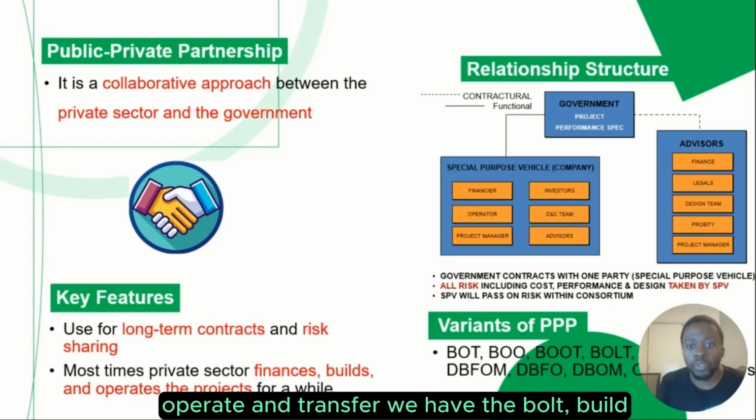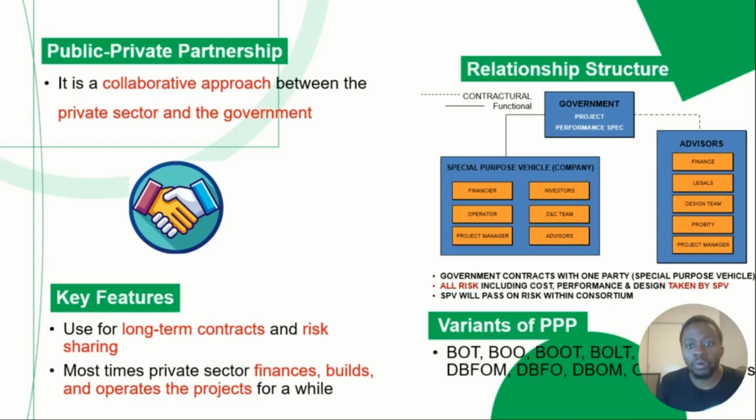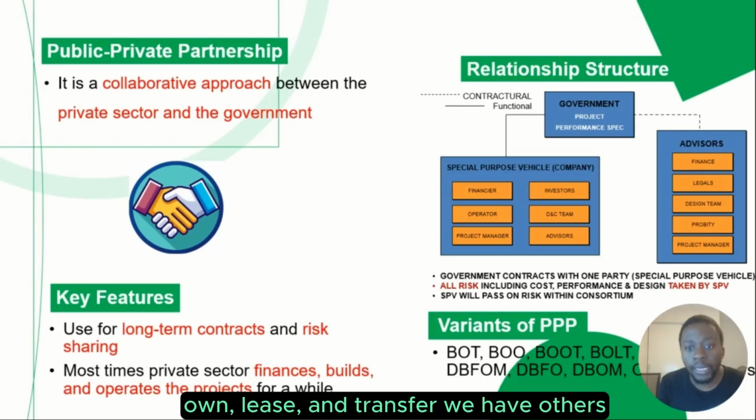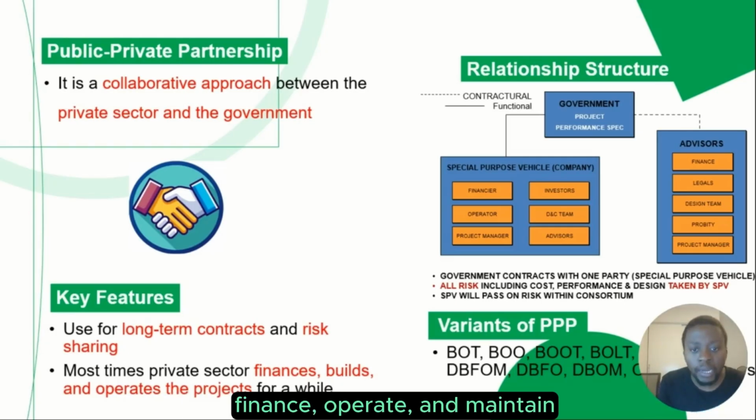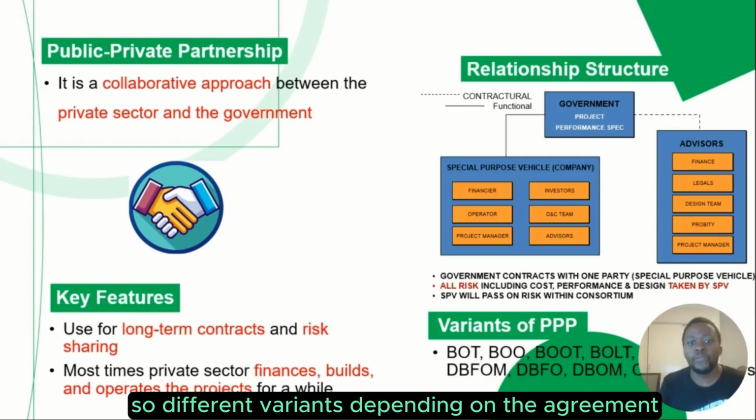We have the BOLT, build, own, lease, and transfer. We have others. We have the DBFOM, which is the design, build, finance, operate, and maintain. So different variants depending on the agreement.